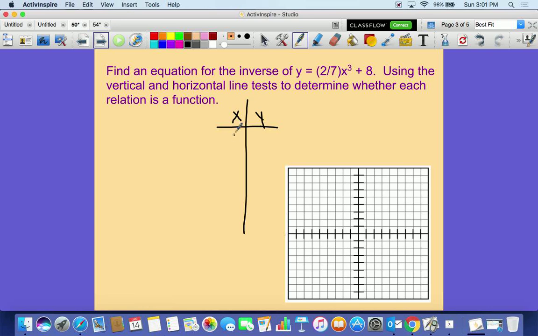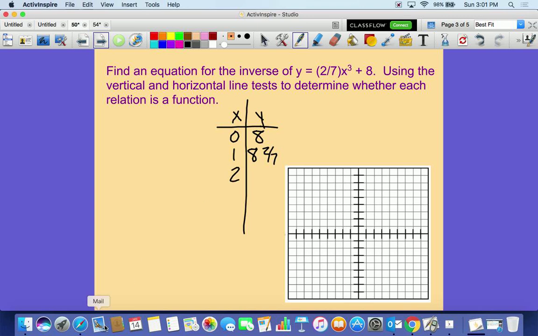So I'm going to start with 0. If you throw 0 in here for x, 0 cubed is 0 times 2/7 is 0 plus 8 is 8. Throw 1 in there. 1 cubed is 1 times 2/7 is 2/7 plus 8 is 8 and 2/7.